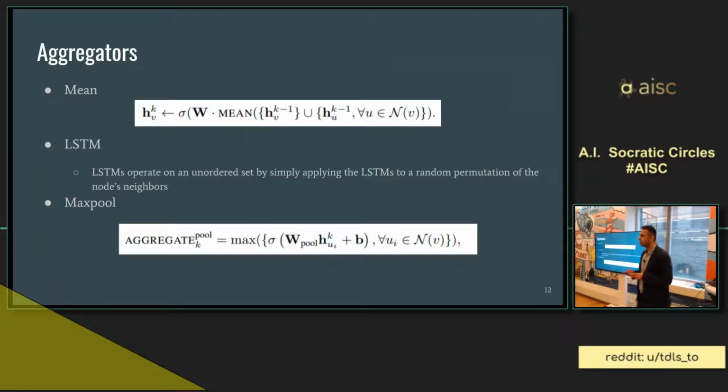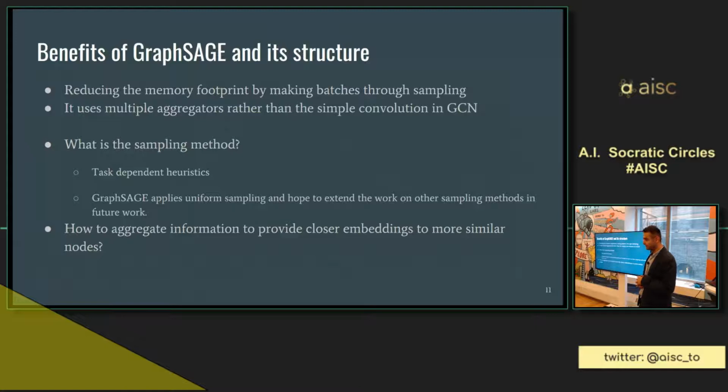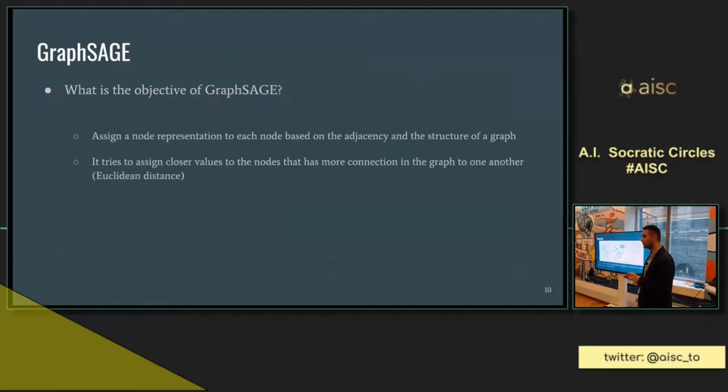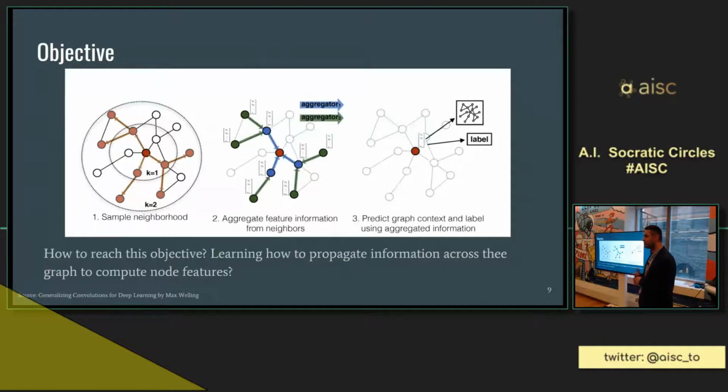Yes. Just one question. So you sample a specific number of nodes around your target node, in a neighborhood kind of. Yeah, exactly. So in the previous example, you were sampling 3 nodes, in a neighborhood of 2. How would you describe this diagram in terms of the sampling procedure that you just described?